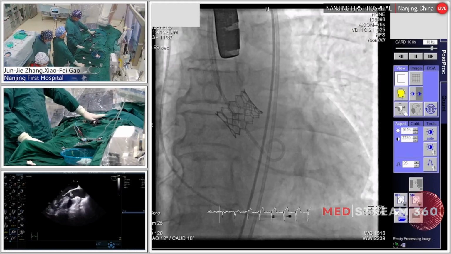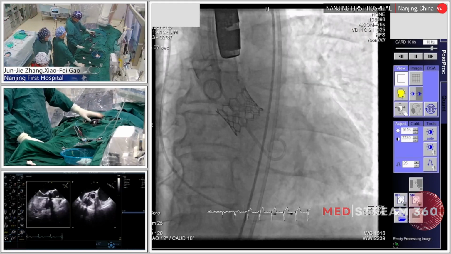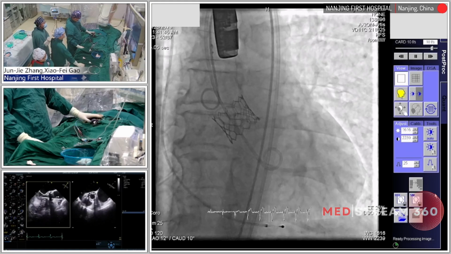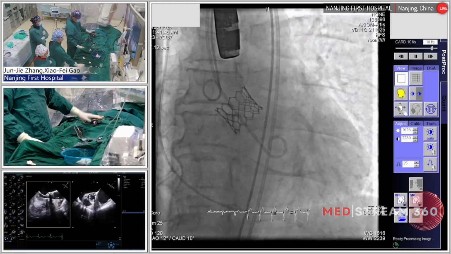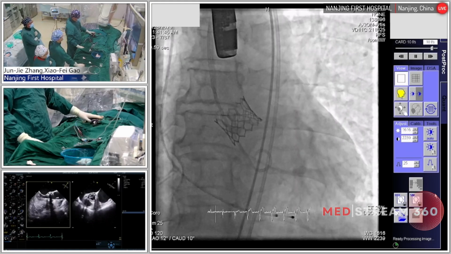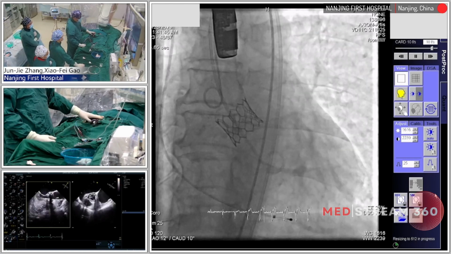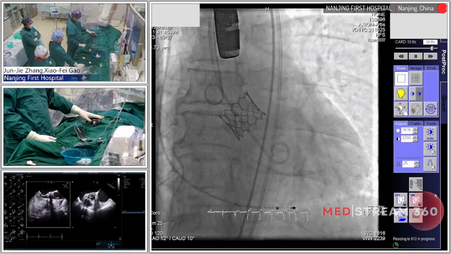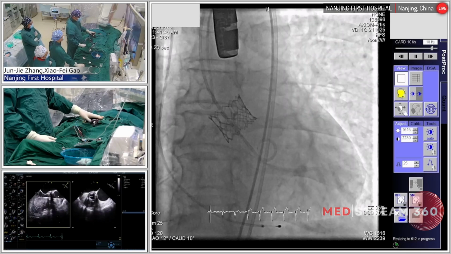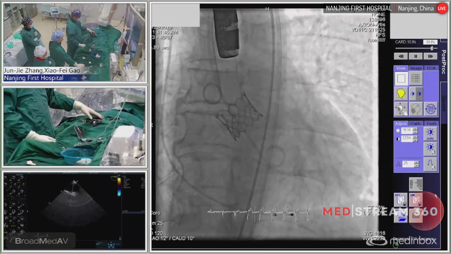I would like to finish the case, and the next step is to do an angiogram of this patient's right iliac artery when we remove the E-sheath, to see whether there is any severe dissection or any flow limited dissection.